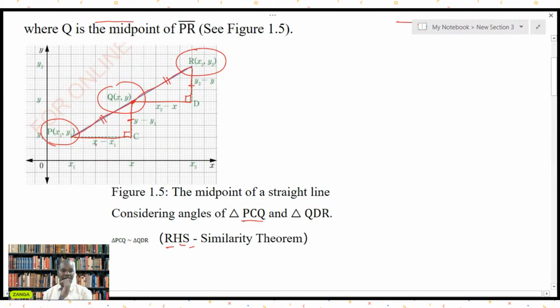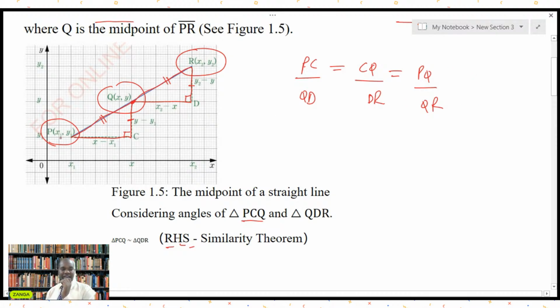And so taking PC over QD will be equal to CQ over DR, and this is going to be equal to PQ over QR.